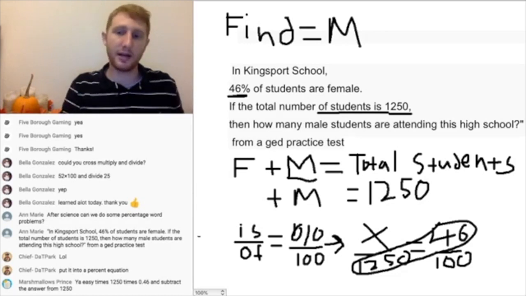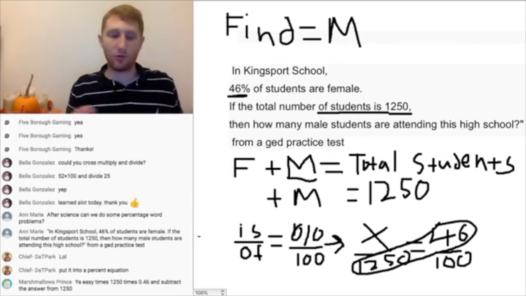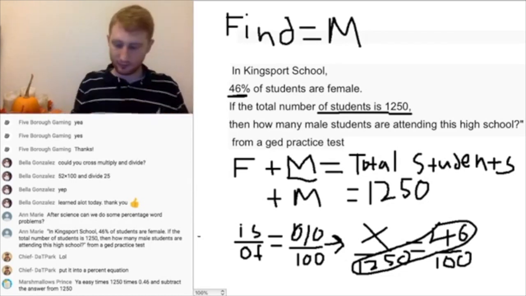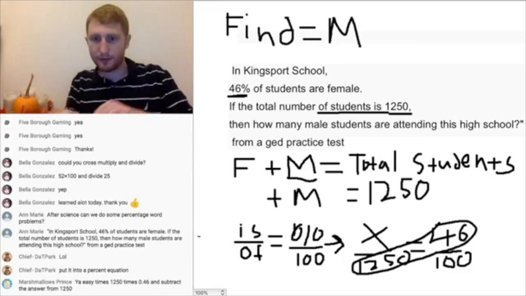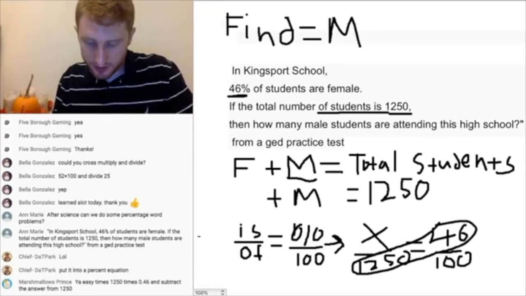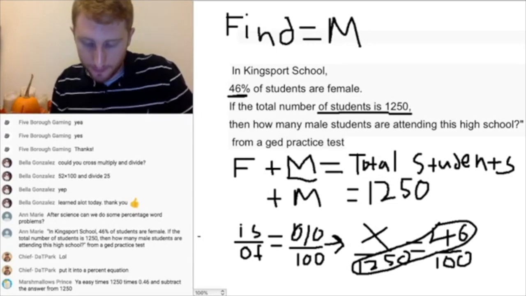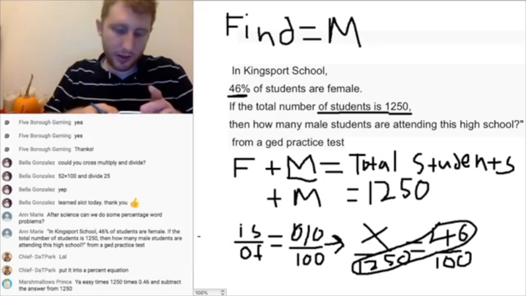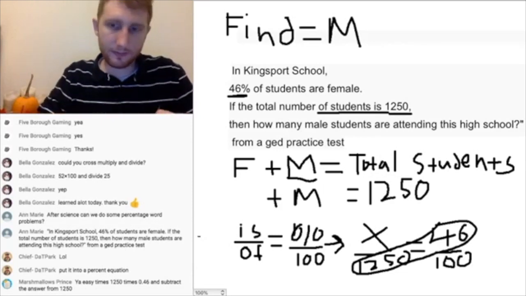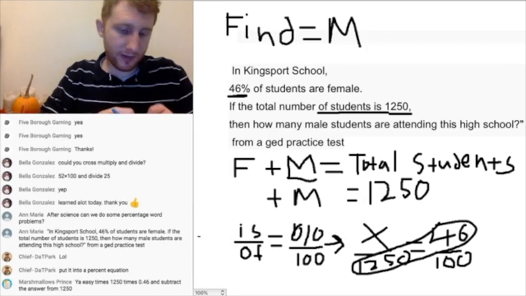Basically, you would do 46 times 1250, divide that by 100 if you do it this way.